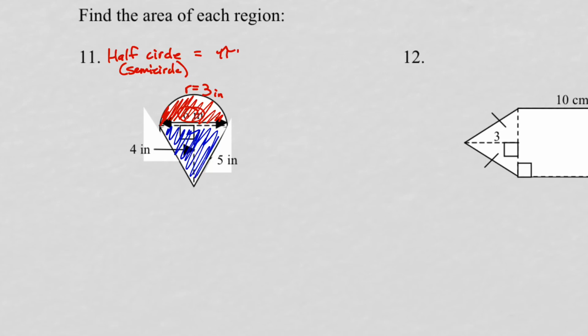Yes, it's pi r squared, that's the whole circle, but we need half of that. So it's going to be pi times the radius, which is 3 squared, divided by 2. And that ends up being 14.14.